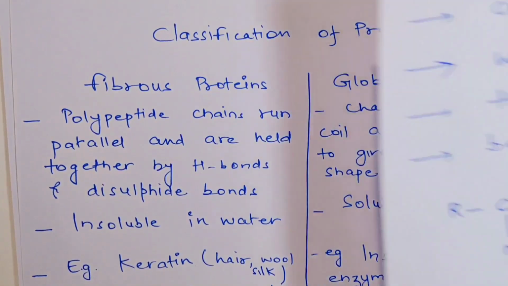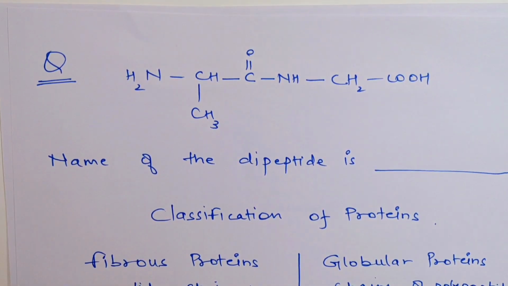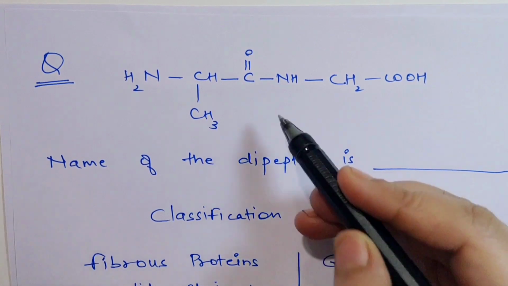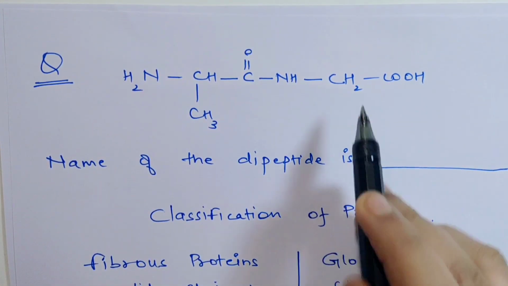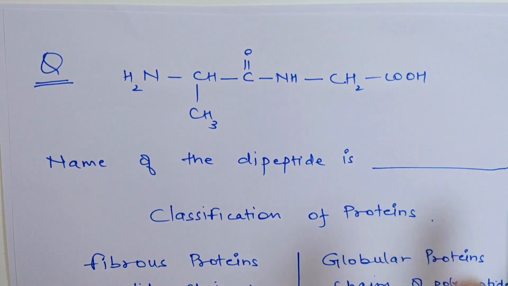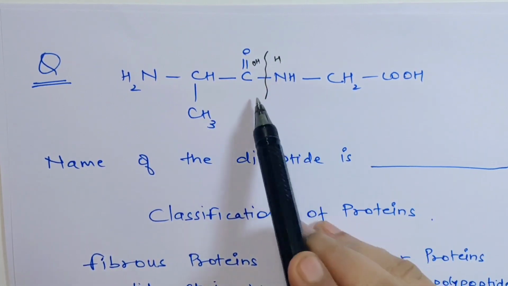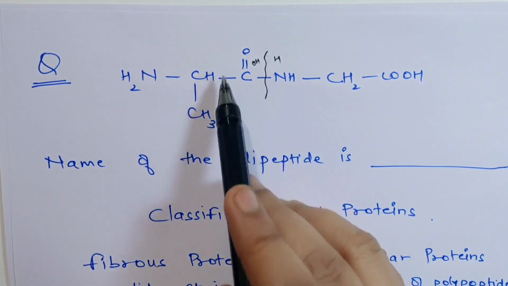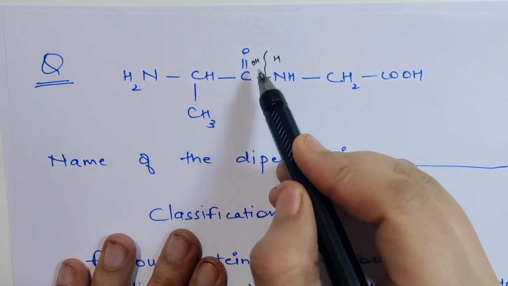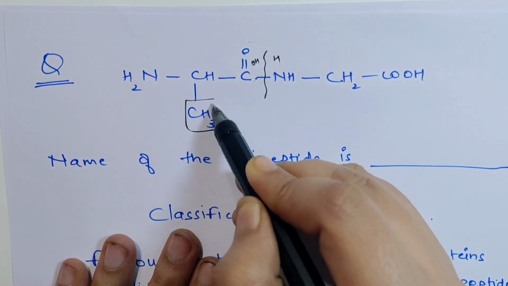Now let's see this dipeptide. Let's see if you can name it. When you have a dipeptide and you are trying to figure out what the 2 amino acids are, you can simply first form the respective amino acids. This one will be, now look, it has COOH group, amine group, and the R group is CH3.